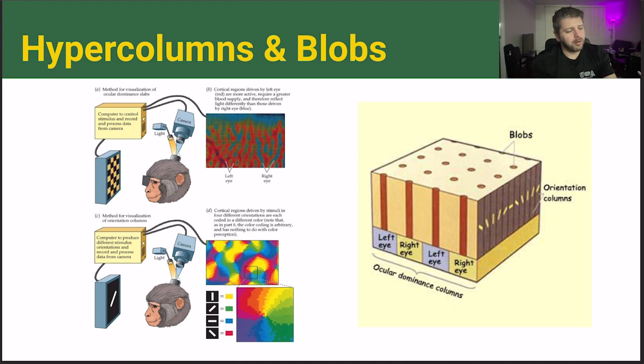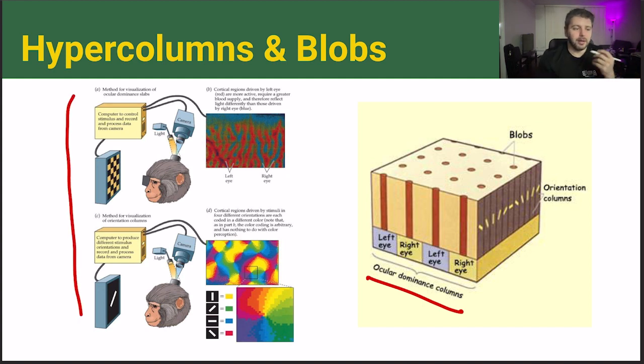But what we see here are what are called ocular dominance columns, which are patches of cortex that accept information that has been segregated by the left eye and the right eye. As you move along, you can see we have this recurring pattern of left, right in a very highly organized manner. And what's on the left here is a description of some of the experiments of how we're able to detect that this happens.